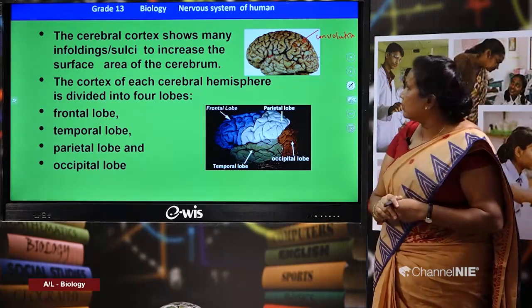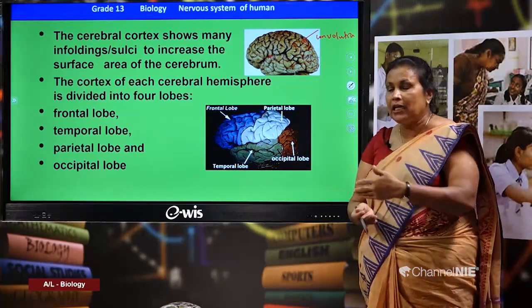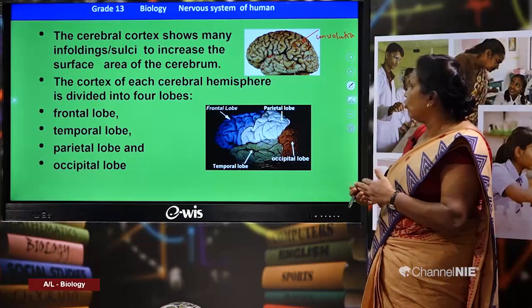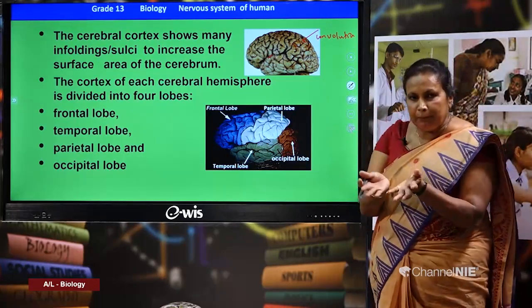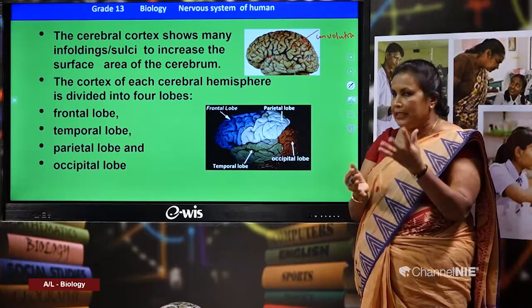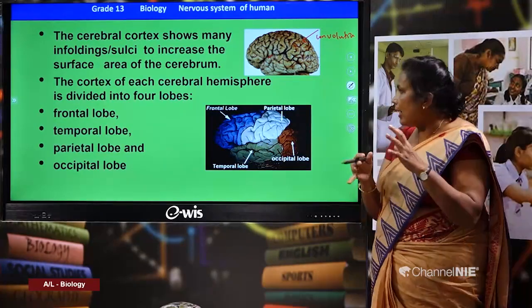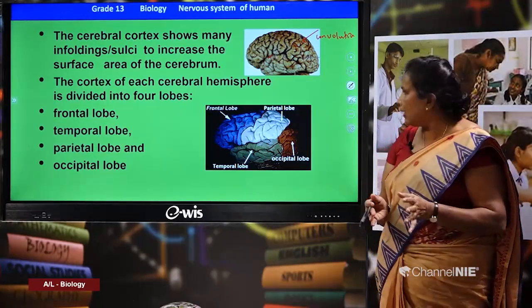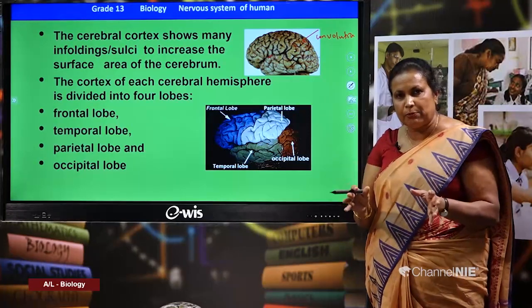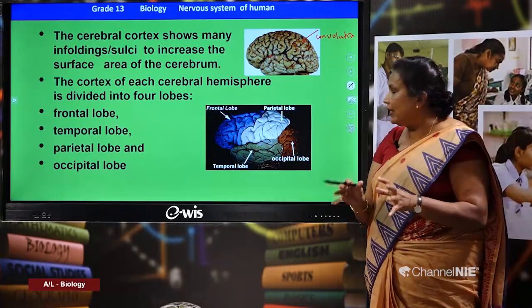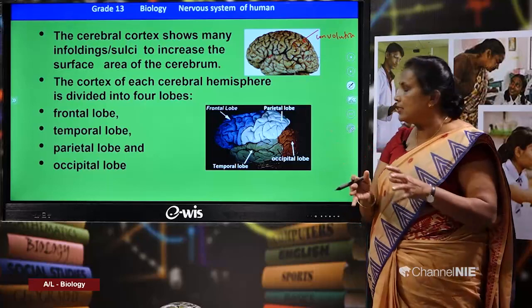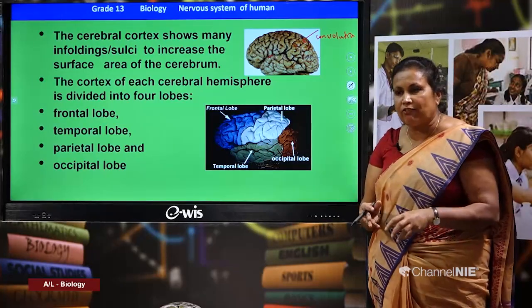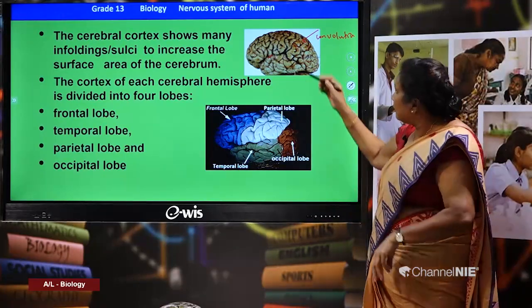Next, some of the sulci are very deep. Therefore, each cerebral hemisphere is divided into a number of regions due to the presence of deep grooves.